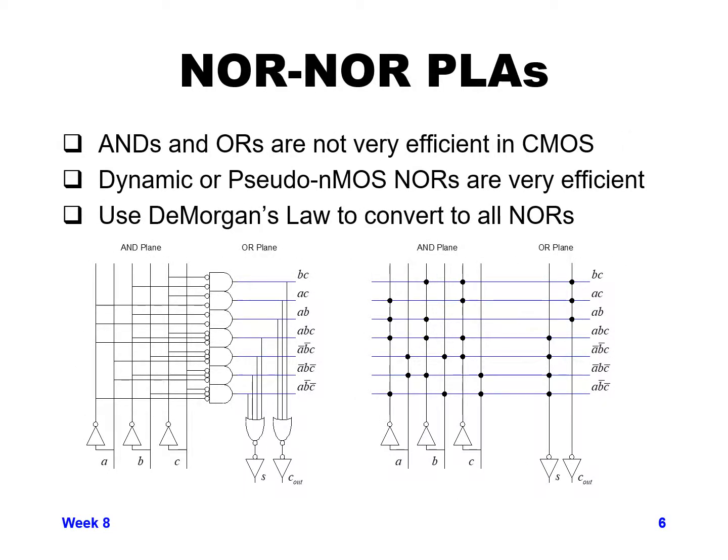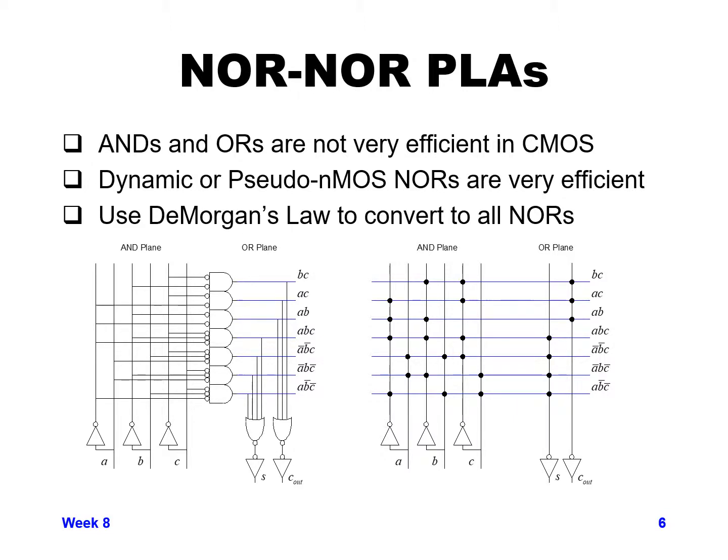So in the previous slide, we showed how you could get a logical function out of an AND plane followed by an OR plane, but keep in mind AND logic followed by OR logic is not very efficient in CMOS.